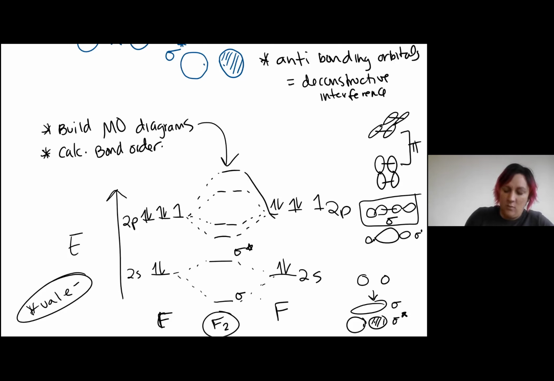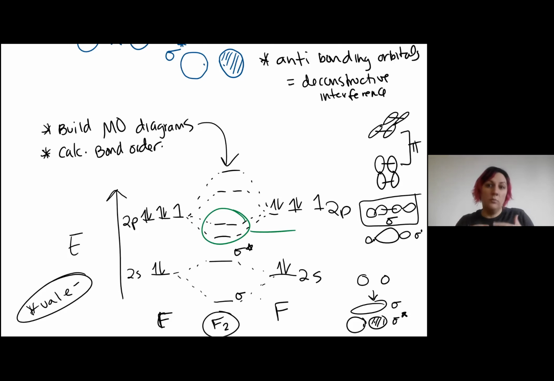Now, whether the sigma or the pi are higher or lower in energy will depend on the atoms that are combining, and we'll talk through that rule set in the lectures.